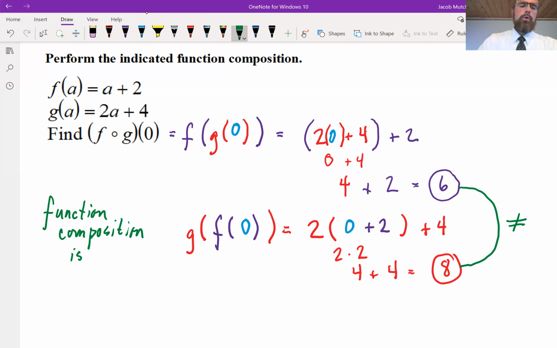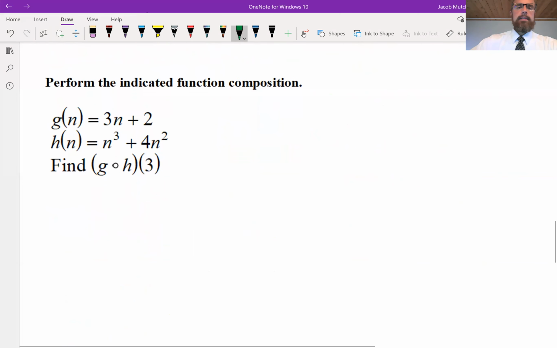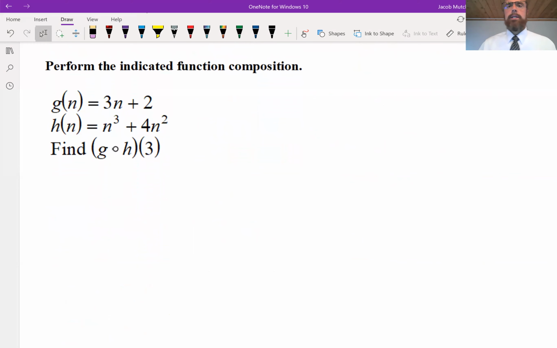Let's take a look at one more example. Scroll up here. That example we just worked on was a linear example, 2 linear functions. Here we've got a linear g of n, that's 3n plus 2, in addition to the cubic.